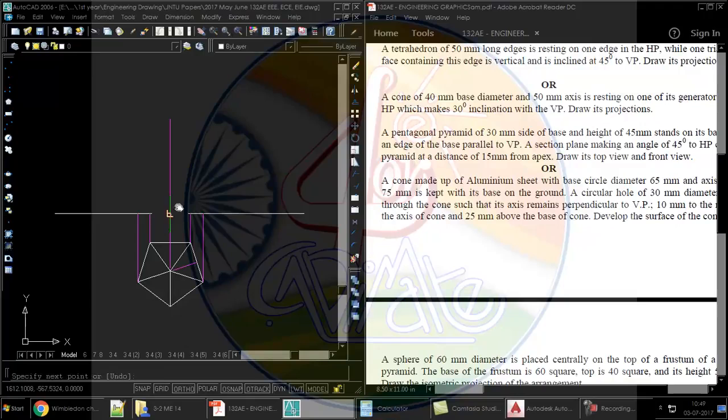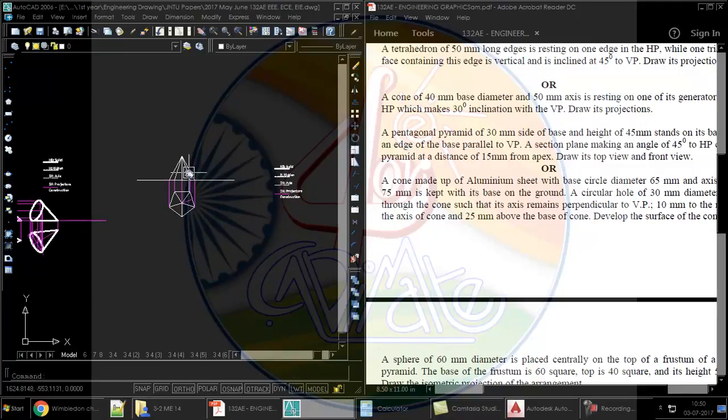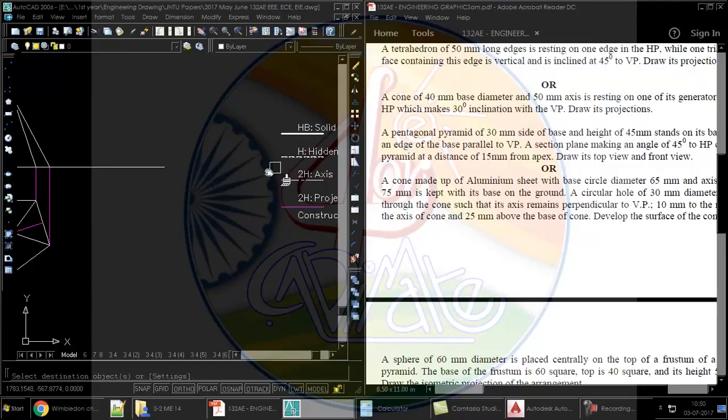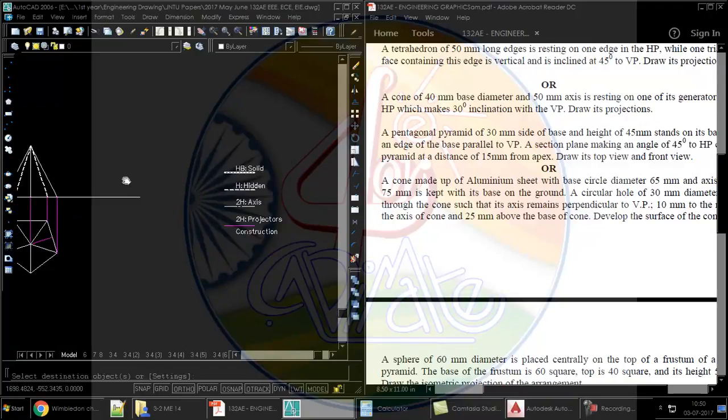The height of the pyramid has been given as 45. Okay, this side will be visible, these two will be hidden. Let's make these two hidden, and the remainder all visible.